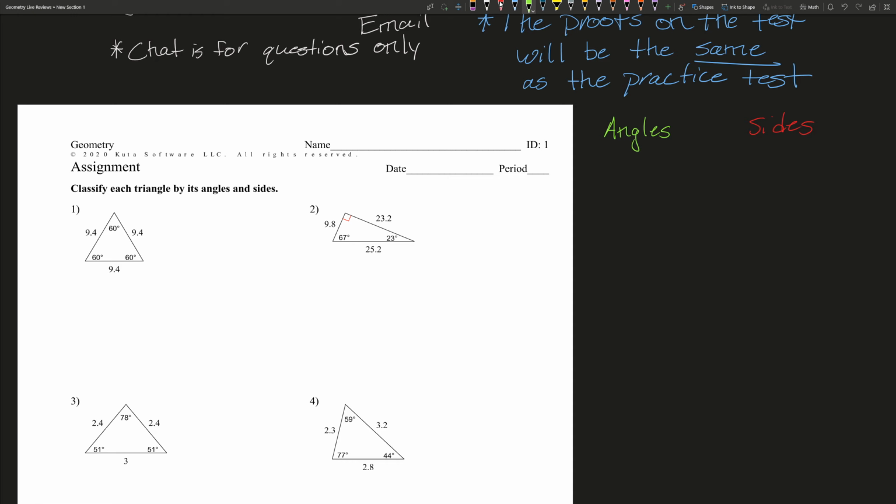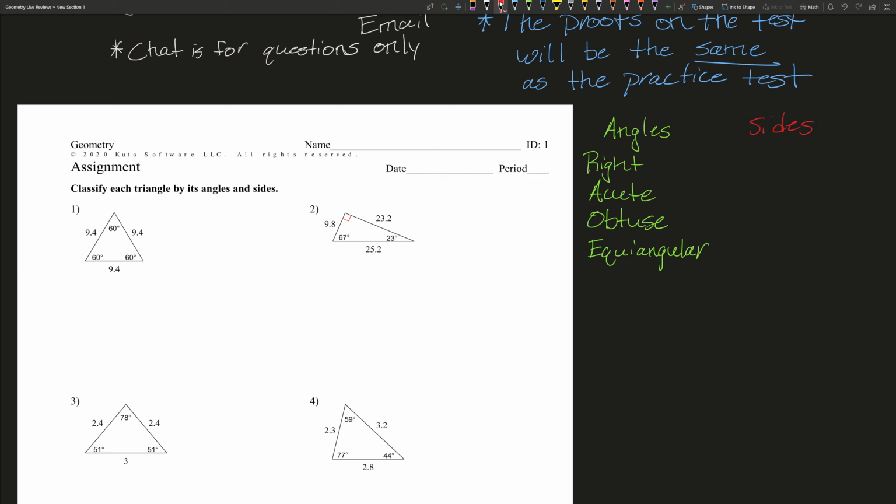So we'll start with angles. Triangles can either be right, acute, obtuse, or equiangular. All of which we've gone over before. This is just kind of common sense stuff.